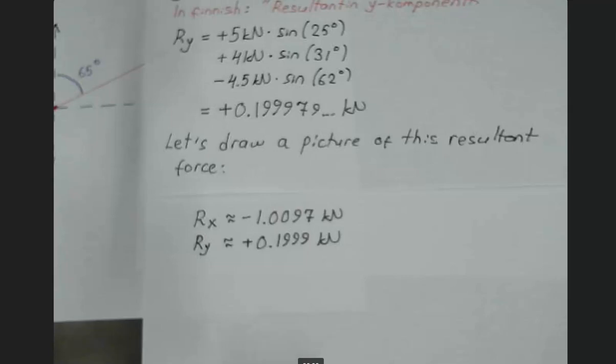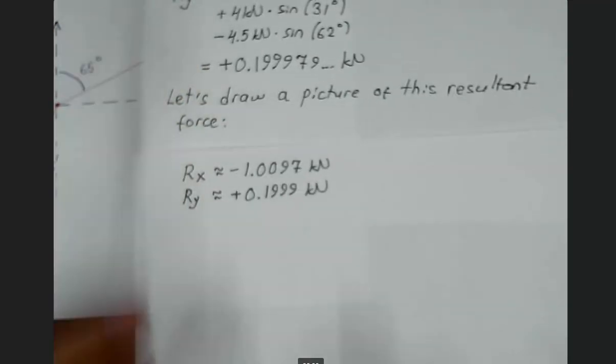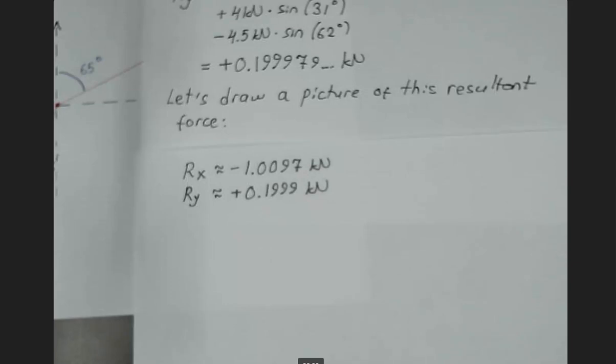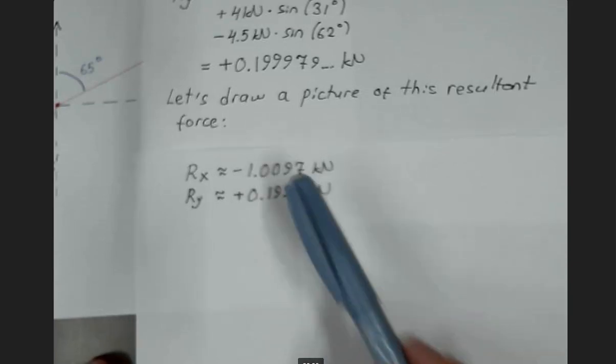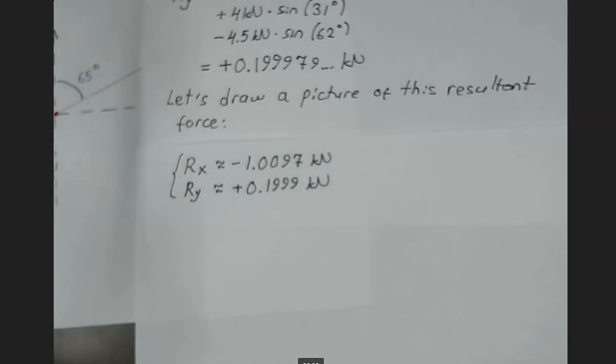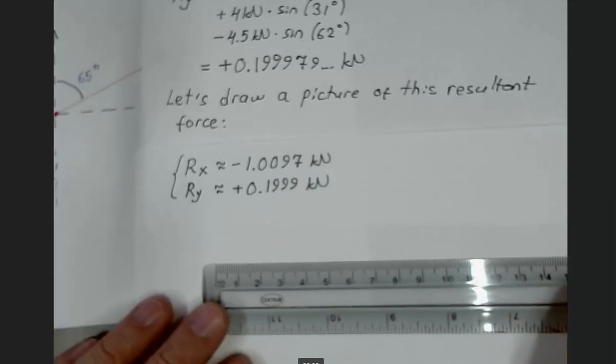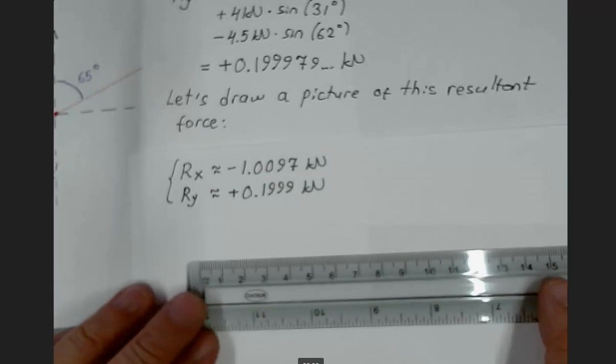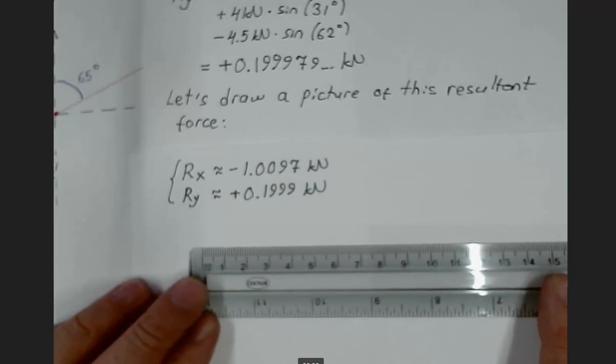I don't want to round that. I only rounded by cutting. I didn't check those last decimals to see if they are rounded correctly. But if I am drawing a picture of this, I will use a scale where 10 centimeters equals 1 kilonewton.